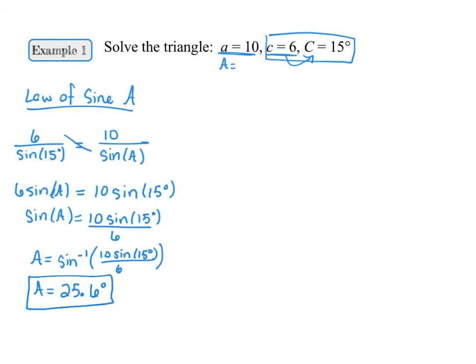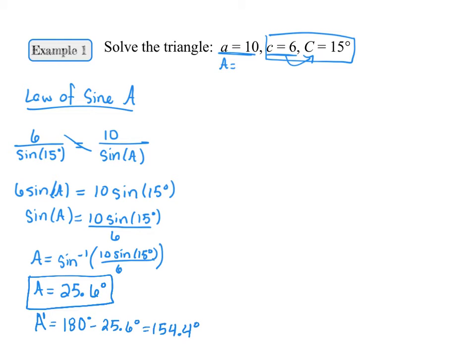Well, what we also have learned is that A could also have been an obtuse angle. So I'm going to call this A prime, which is a different option for A. And again, to find that, I'm going to find the supplementary angle. So I'm going to do 180 degrees minus my 25.6 degrees. And I get 154.4 degrees.